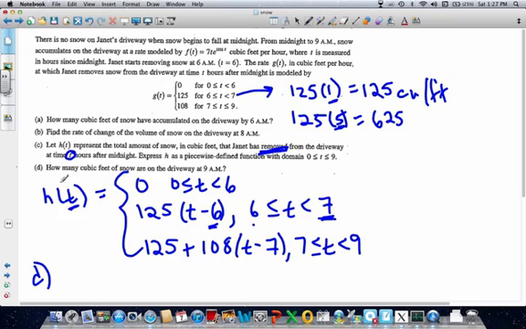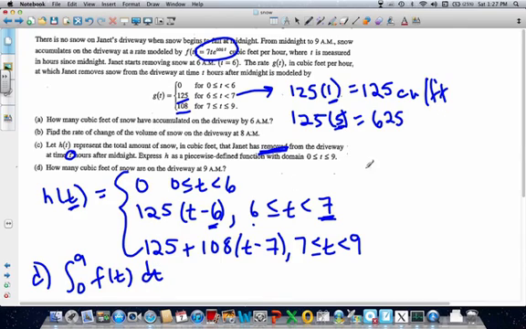So Part D. How many cubic feet of snow are on the driveway at 9 a.m.? Well, to find the snow on the driveway at 9 a.m., we have to recognize that we have snow falling and we have Janet getting rid of snow at these rates. So the snow falling would be the integral from 0 to 9 of f of t dt.